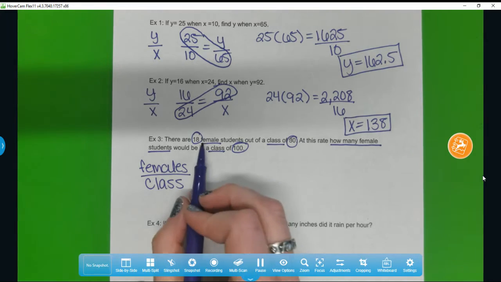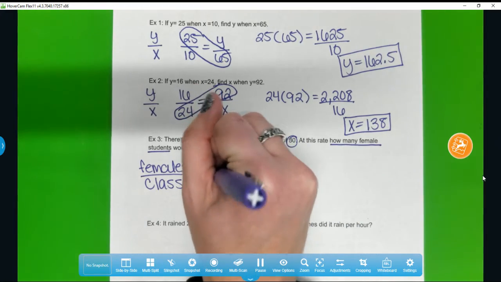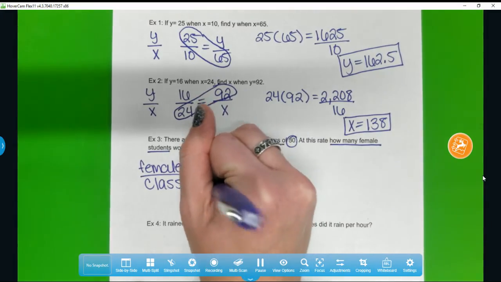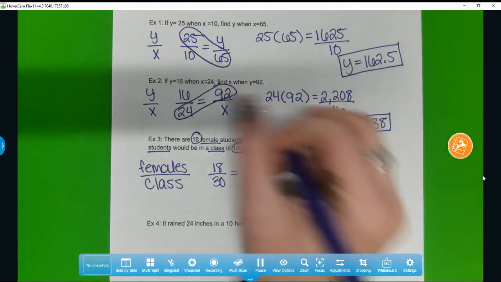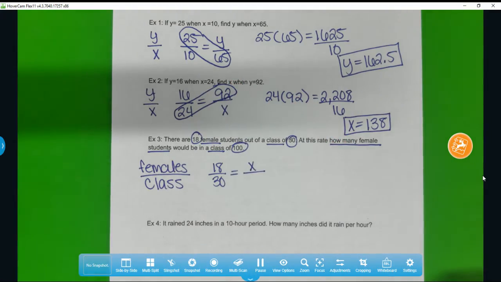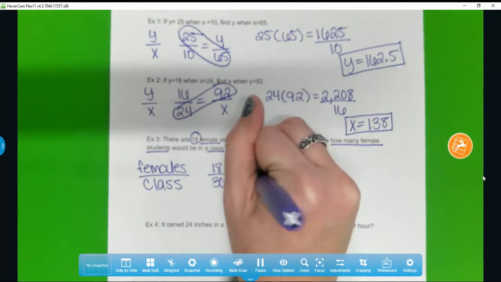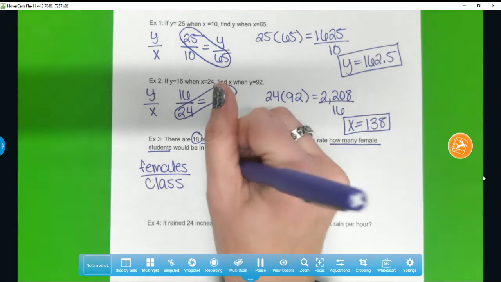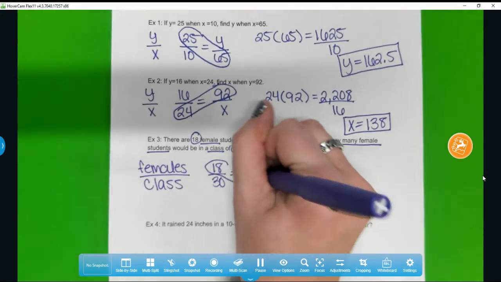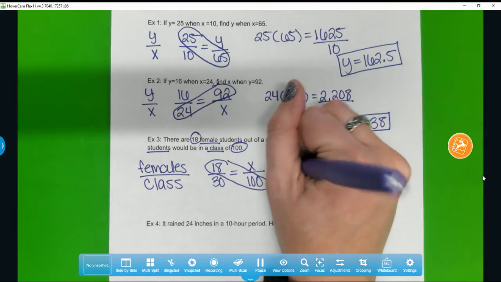So the first one, we have 18 females in a class of 30. And we want to know how many females, so that's going to be my x, would be in a class of 100. So I'm going to cross multiply what I know, so I know those two numbers.